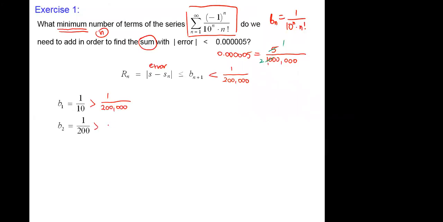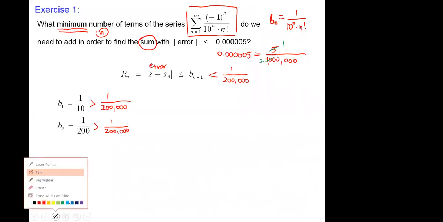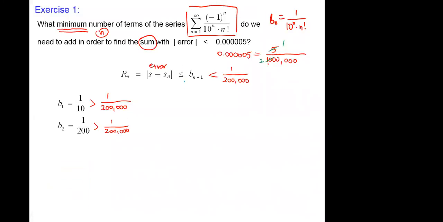Again, not a helpful number, because I'm looking for the term that I'm testing. I want everyone to follow this. B sub 3 will be 1,000 times 3 factorial. 3 factorial is 6, so 6 and 3 zeros, 6,000. Again, in the denominator, it's still not giving me a small enough fraction.